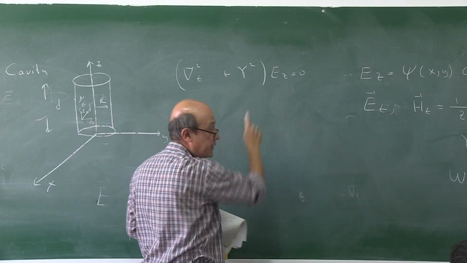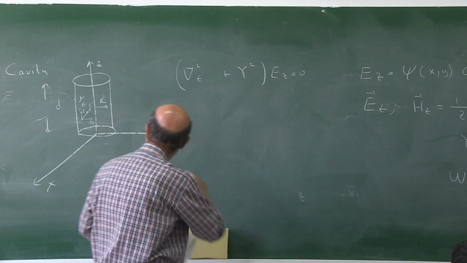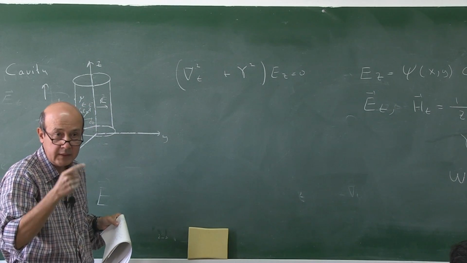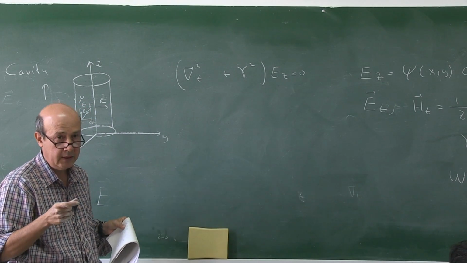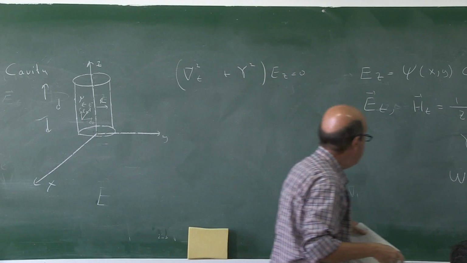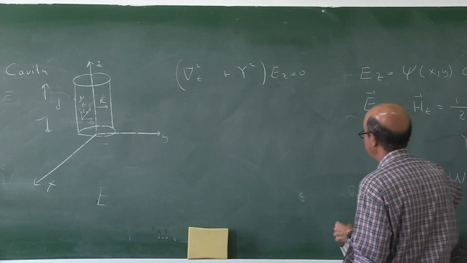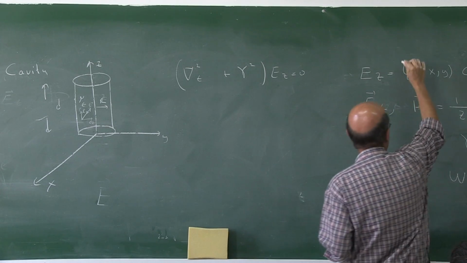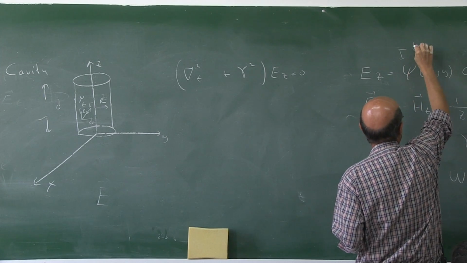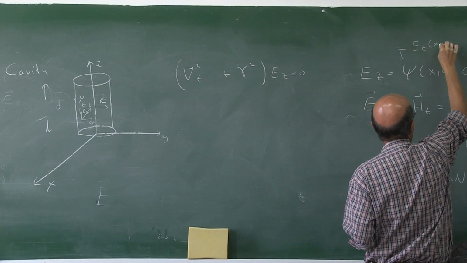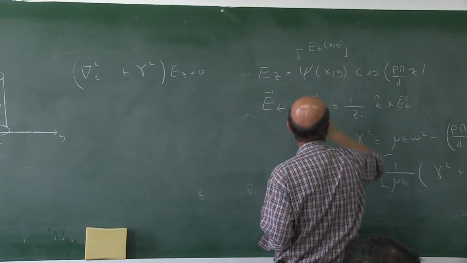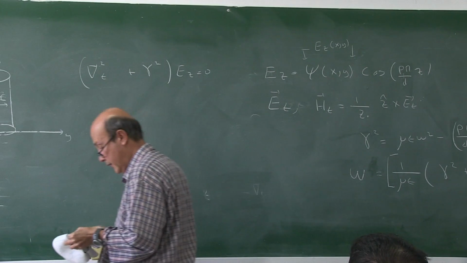Then you can solve Ez, and at the surface of the cylinder, Ez should be 0. Okay? And if you solve this, you will find that. So that should be the Ez. You can call this Ez of x, y. This is the z component.